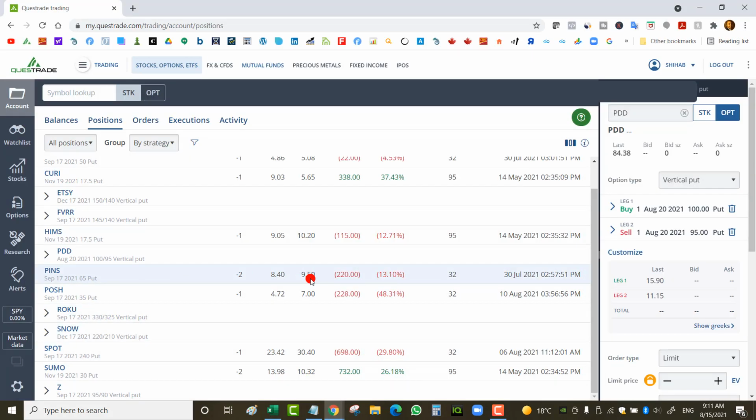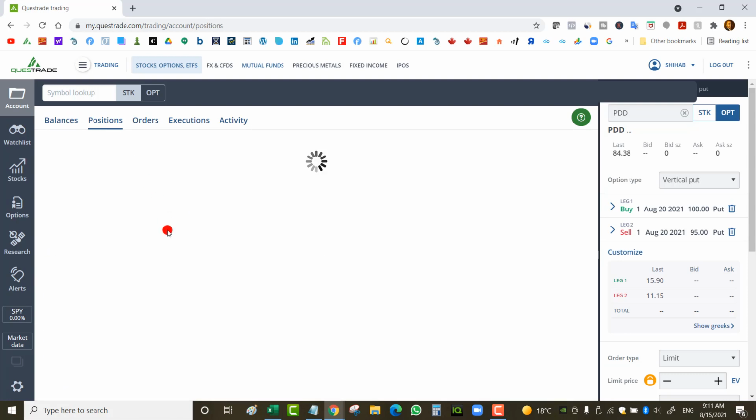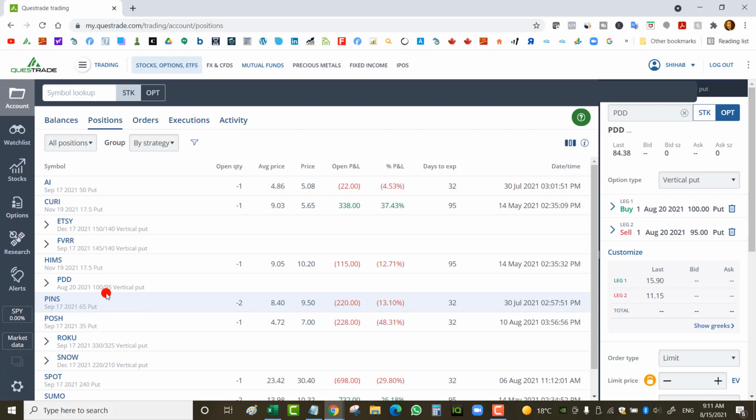So I'm down about $700, times 2 because I've got 2 contracts. That's another explanation for the gap between the cash and the market value. All I can do is wait, keep rolling if I have to, and wait for Pinterest to come back up above 65.